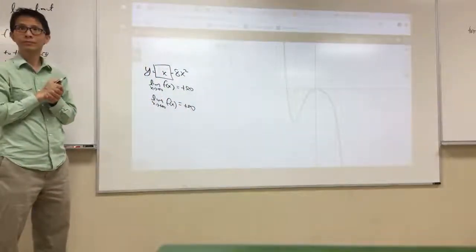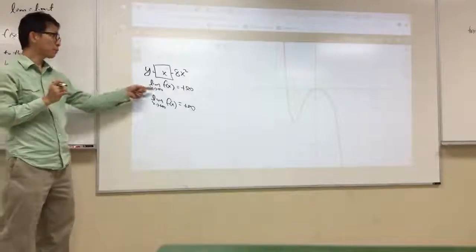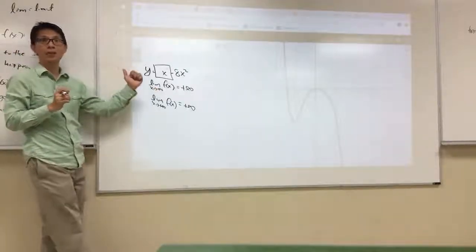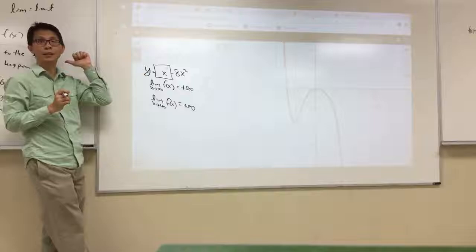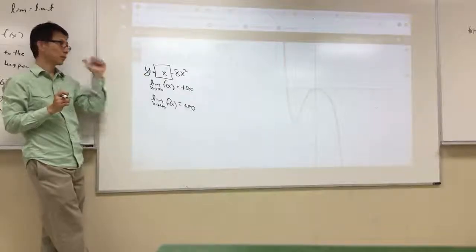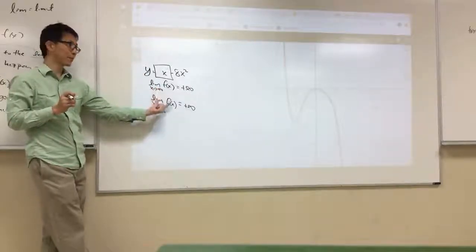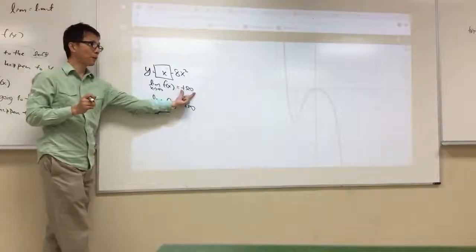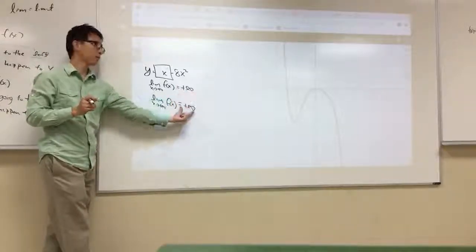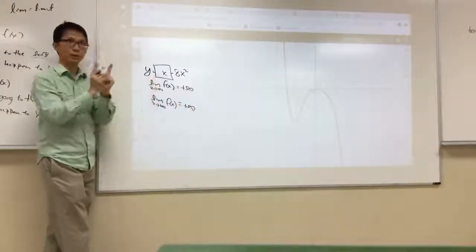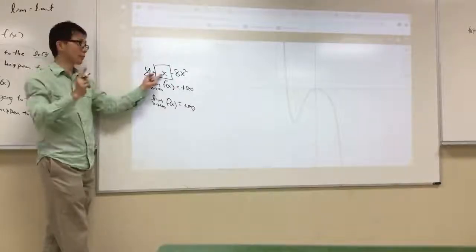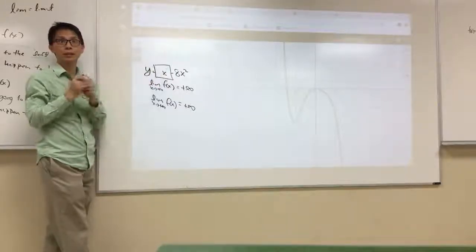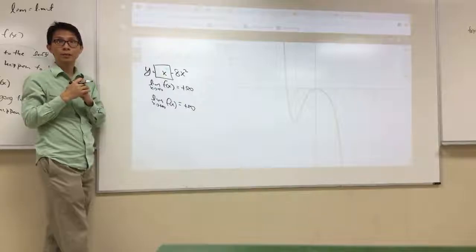X approaching negative infinity means x going to the left. Negative infinity is to the left, and this means right. What happened to the function? Going up. What happened to the function? Going up. Look at the x squared graph, because the simplest thing is the x squared graph. Are we okay here?